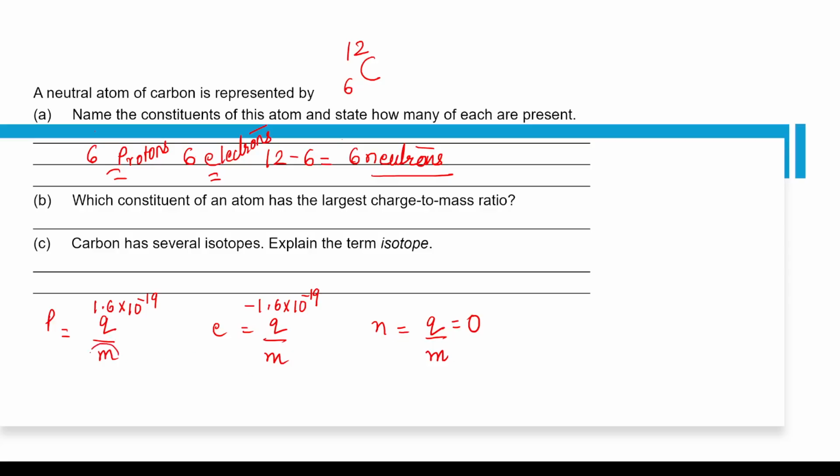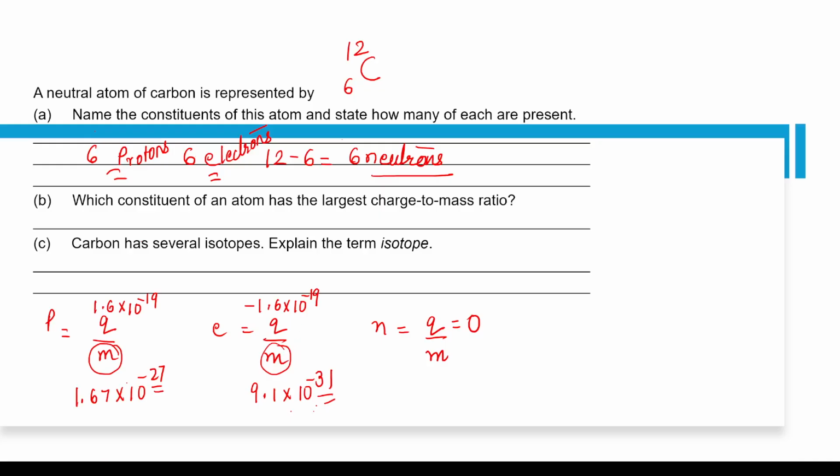Now, which is a heavier particle, proton or electron? Proton is heavier than electron. The mass of electron is this, and the mass of proton is this. So as you can see, minus 27, minus 31. This is smaller. This is bigger. Proton is heavier. Electron is lighter.